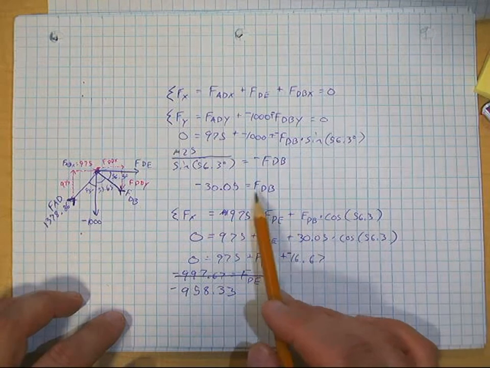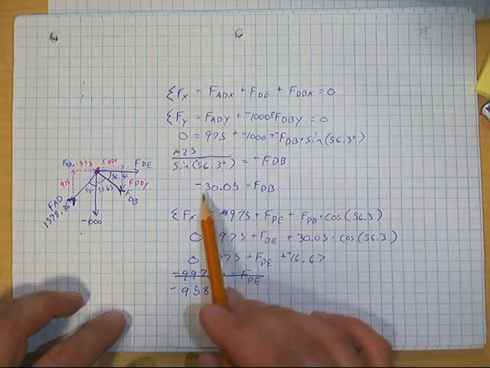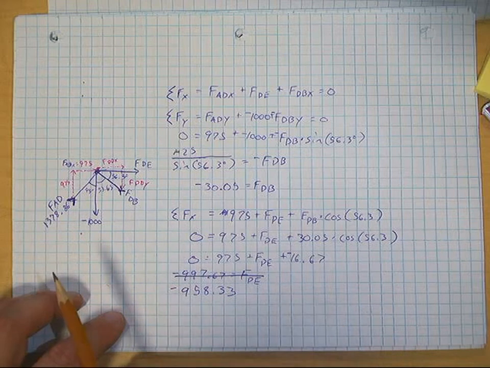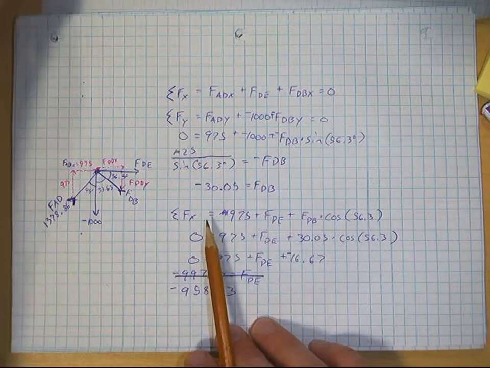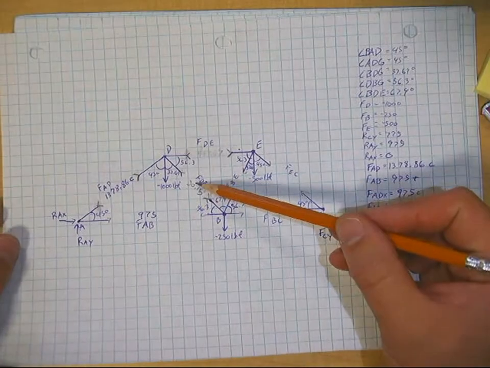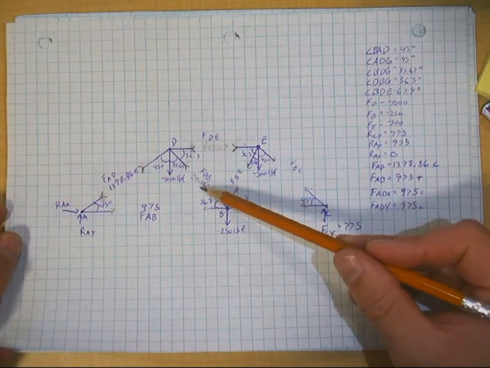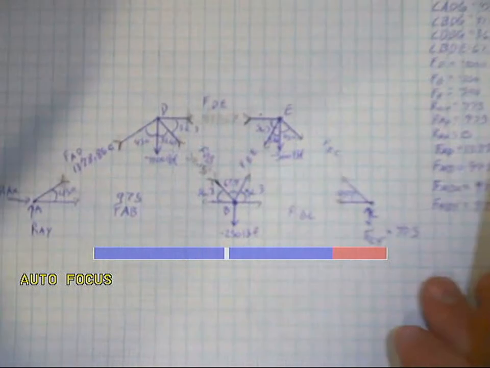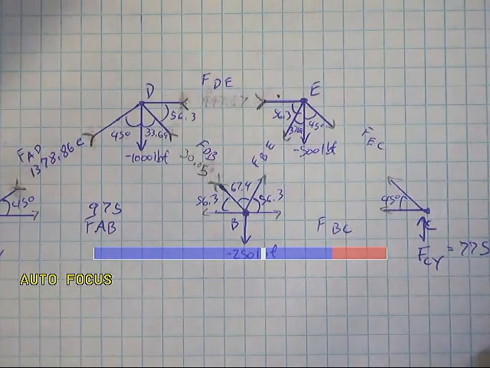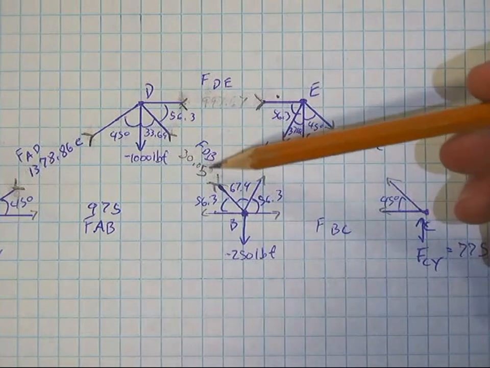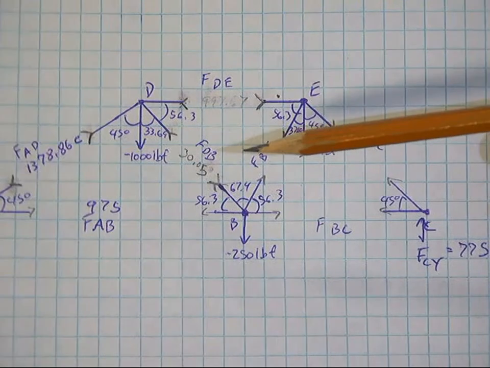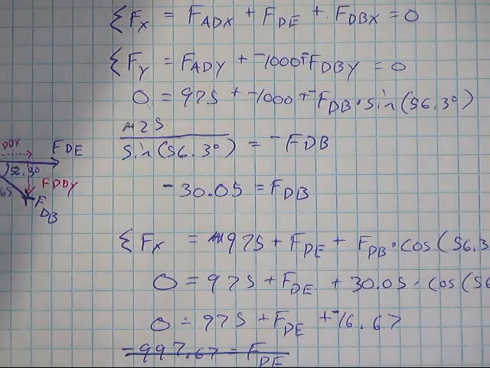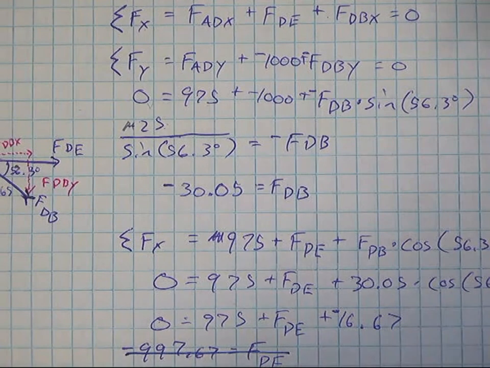Because FDB was negative, which would have been negative 30, it puts FDB into compression. So I made the correction here. FDB is going to be in compression, so the 30 is in compression. That was my mistake, and that would obviously cascade through our other calculations.